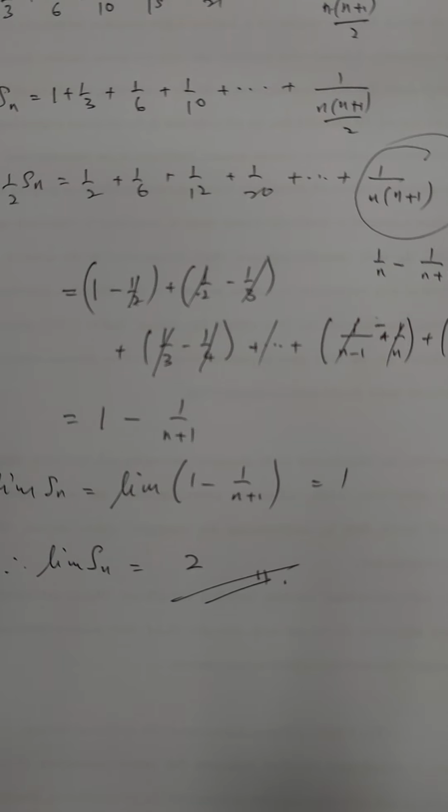But if the limit of un is 0, then we cannot make any conclusion on the divergence or convergence of the series. And on top of that, if the limit of un is different than 0, then we can conclude that the series diverges.